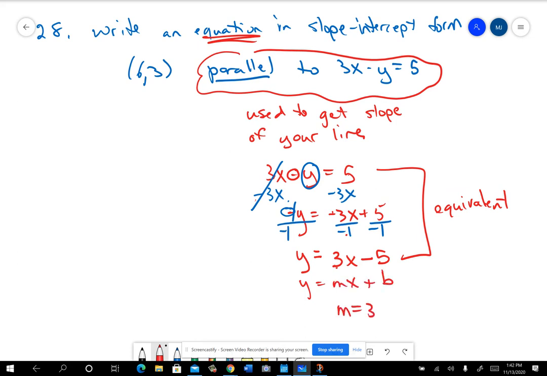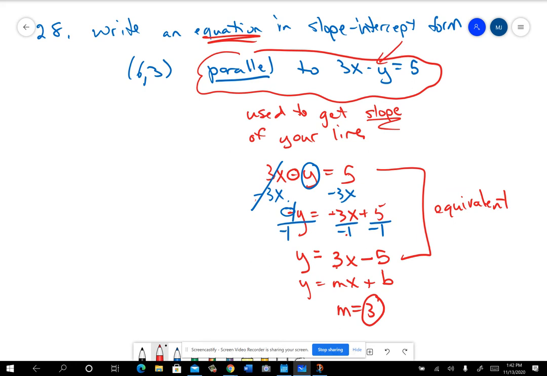So m is 3. That's all you need from that. Don't even think about the negative 5. You were doing all of this to get the slope of your line. So the given line has a slope of 3.